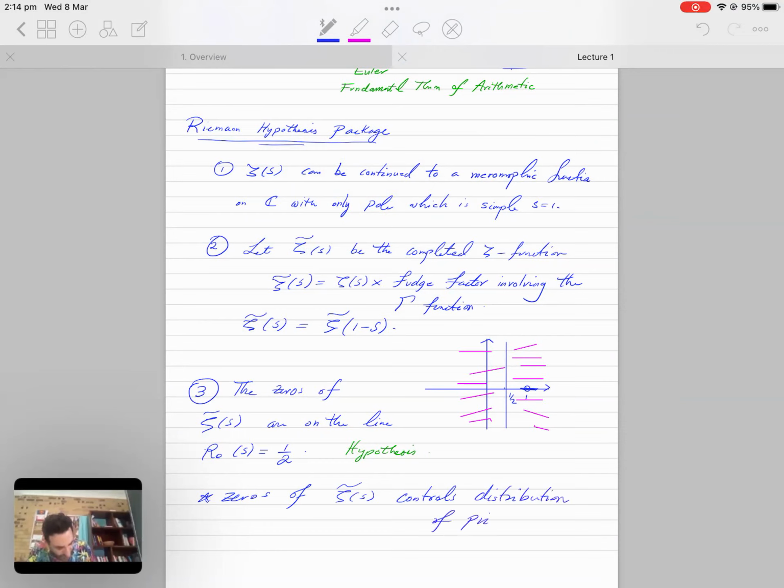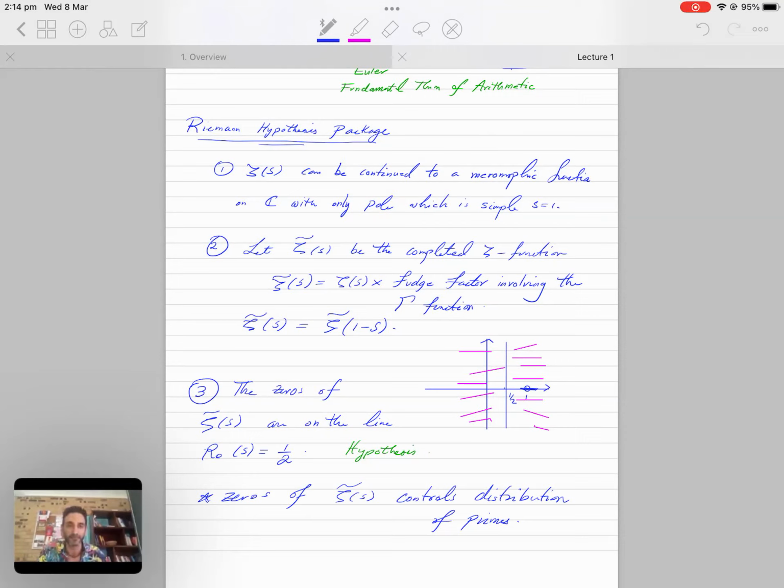And this is a question that has interested mathematicians for many, many centuries. How many primes are there and how are they distributed? That's a really complicated question, which turns out to be equivalent, at least at the first level of approximation, to finding zeros of the Riemann zeta function.